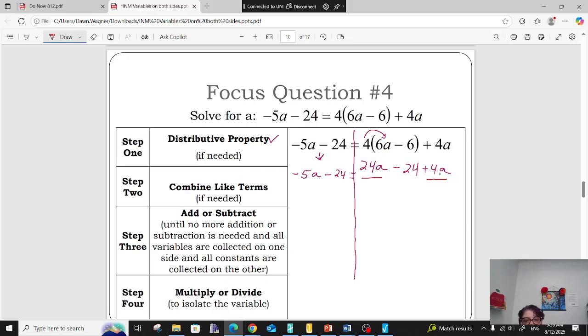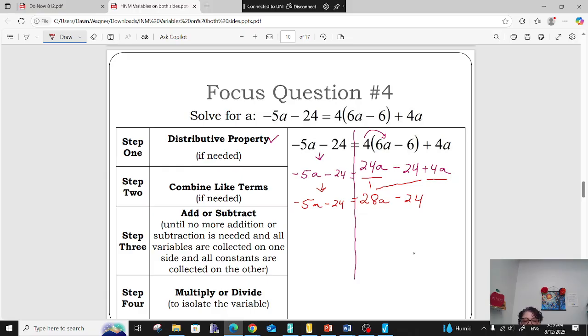You just add these together. 24a plus 4a is 28a minus 24. And over here, negative 5a minus 24. I just brought this down because I didn't do anything with this. For this one, I combined these two and then brought the negative 24 down.